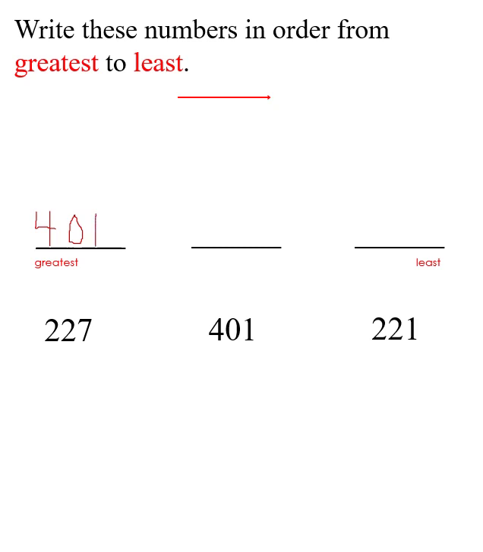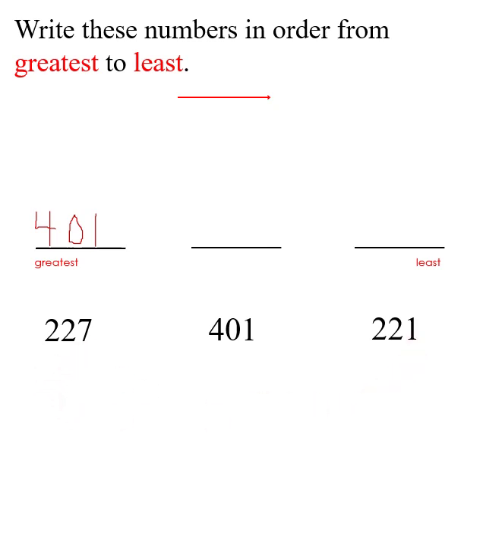Now it gets a little bit tricky because I have 200 and 200, so now I have to go to my tens place. So 227 has two tens. Oh, 221 also has two tens. So I still can't tell after looking at the hundreds or the tens. So I have to go all the way to the ones place. I have 7 ones and I have 1 one. I'm working from greatest to least, so I want the one that is greatest to come next. So I know 7 is greater than 1.